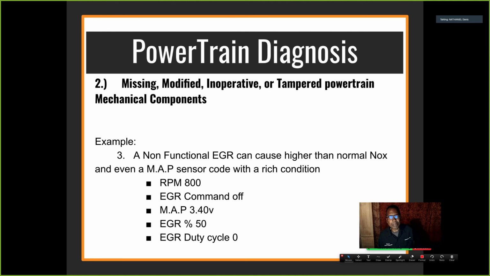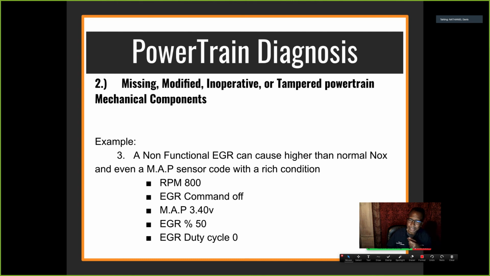Now here's another example of an EGR valve that's not working. It could cause high knocks, right? But look at the readings here. What do you see in these readings? Let's see, RPM. I'll assume it's idling. Now this car is actually running rich also.